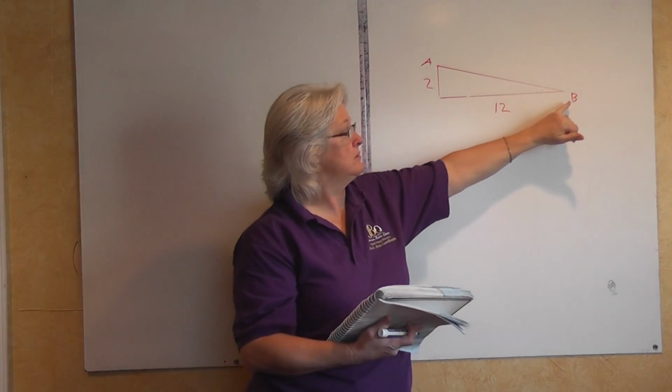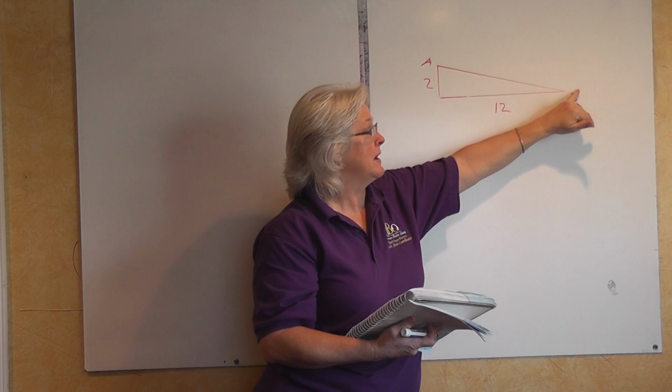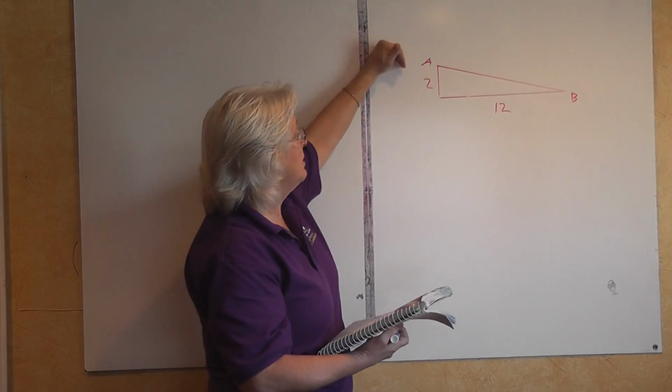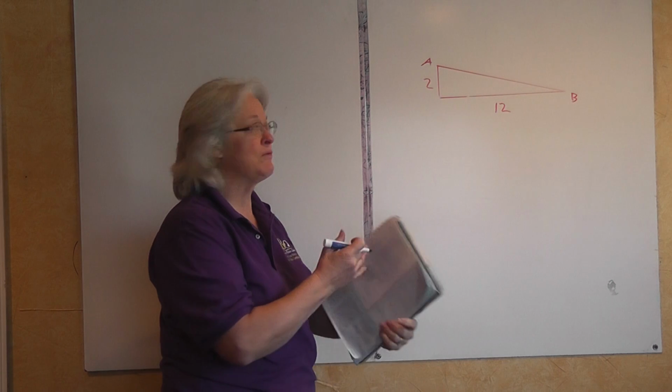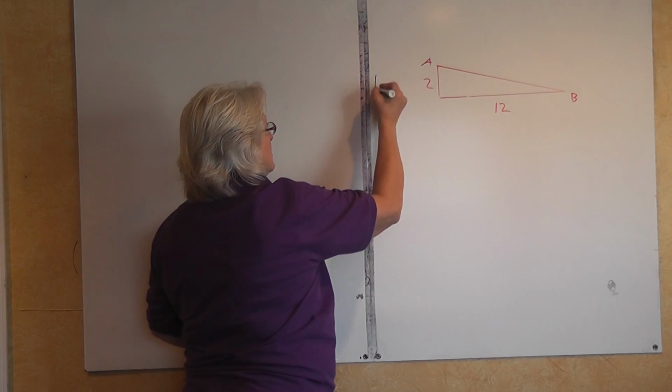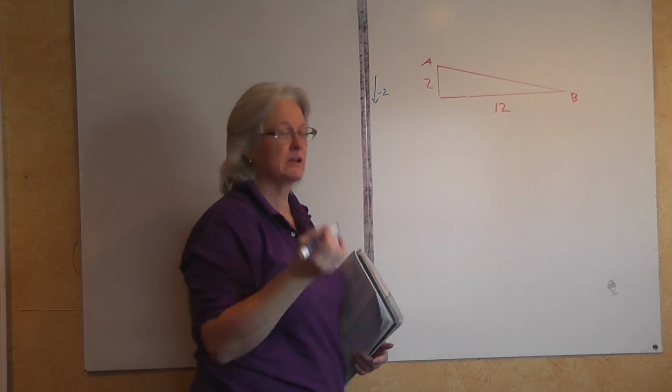By the time you get to the bottom of the hill, you're back down to 0. So you've gone from 2 down to 0. So what we call your vertical change is a -2.